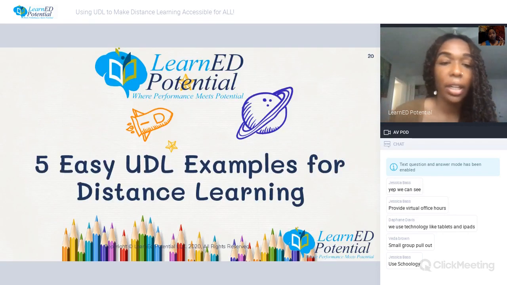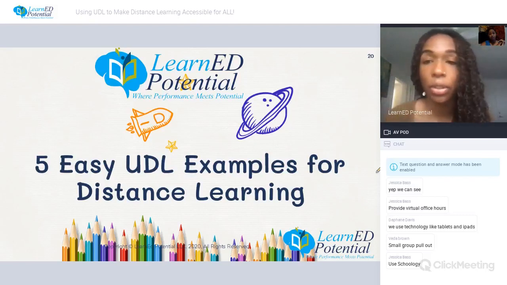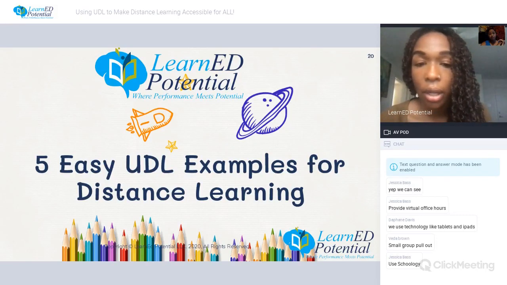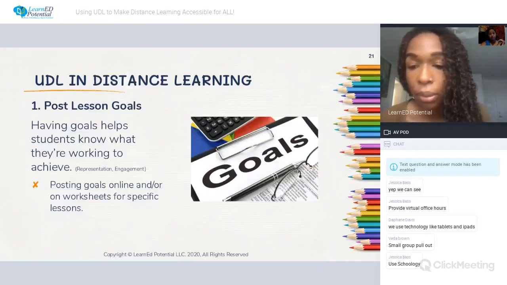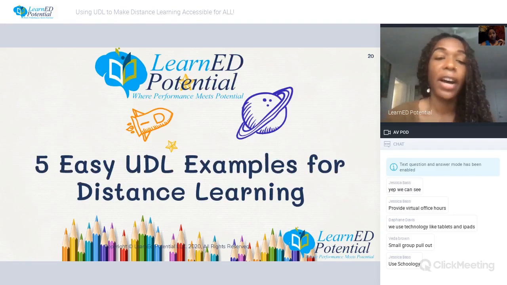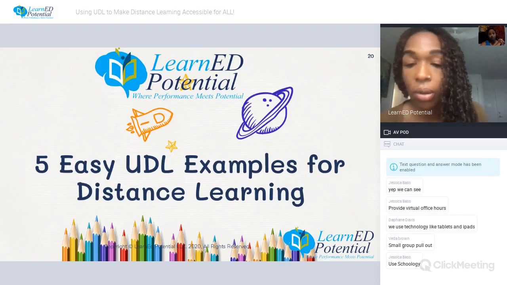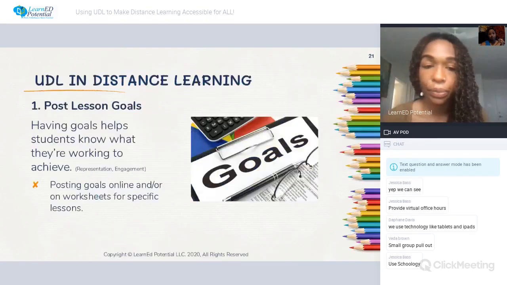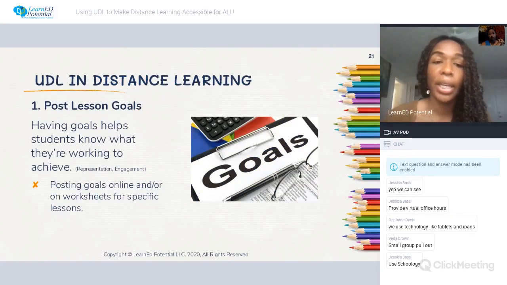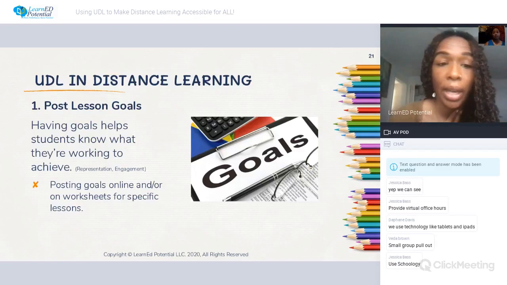So before we get into that piece, we're just going to talk about five easy examples for distance learning that you can use right away. The first example is posting lesson goals. Having goals helps students know what they're working to achieve.